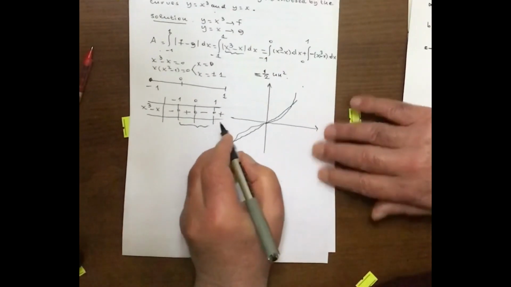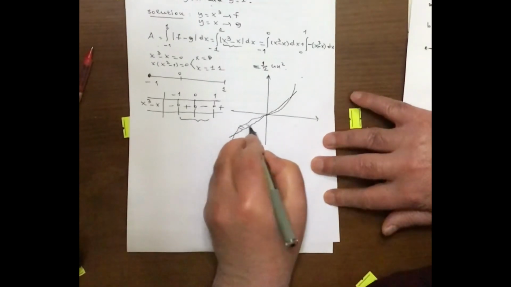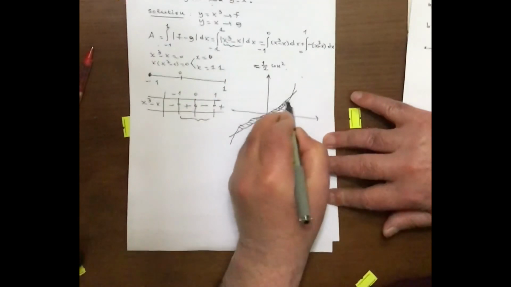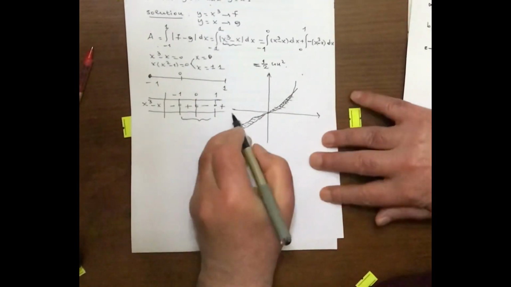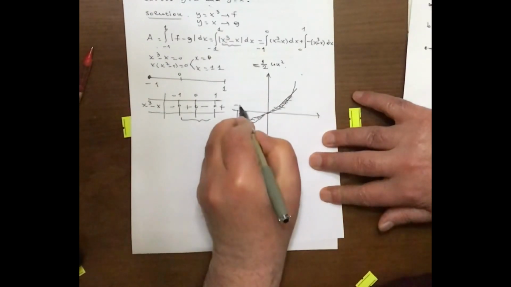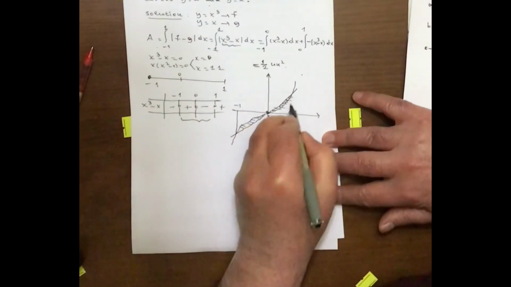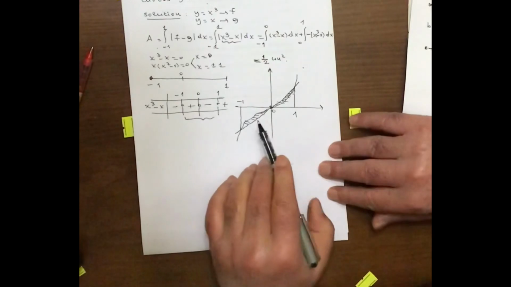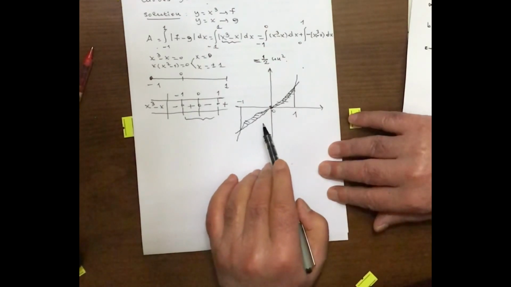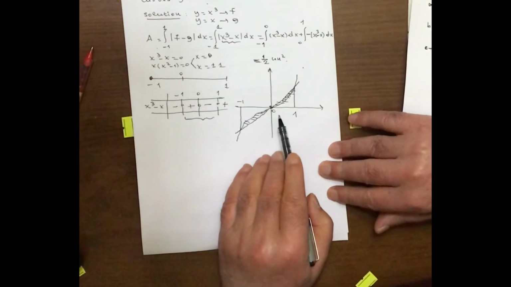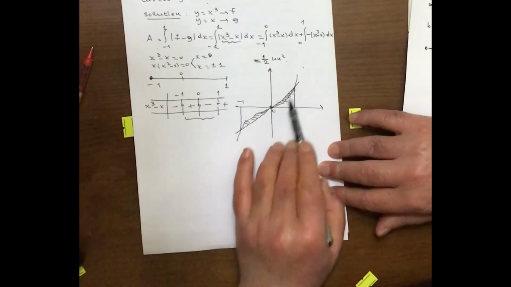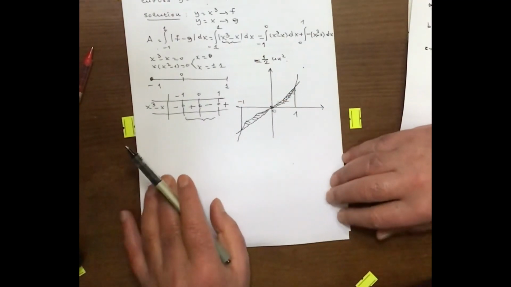The area is here, with minus 1, 0, and 1. As you can see, we have two parts of the area. This is our first part. This is our second part. Okay, thank you.